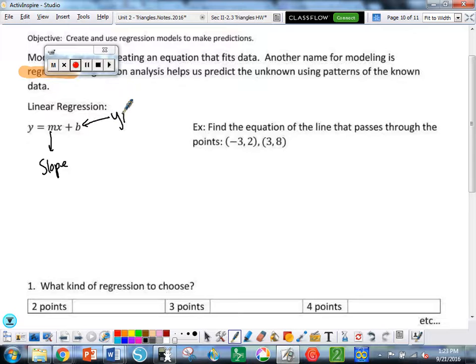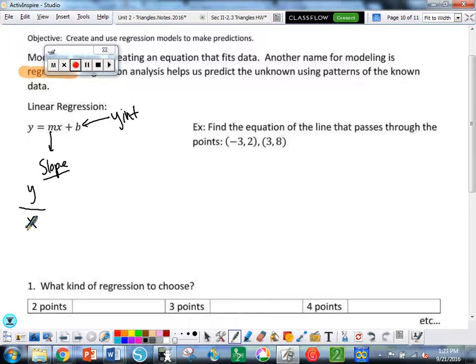It's the y-intercept, right? Now, we're going to go back to what you did when you were in the 8th or 9th grade. How would I write an equation of the line that passes through these 2 points? Well, the first thing you need to know is the slope. The slope formula is I need to figure out how the y's change over how the x's change, right?